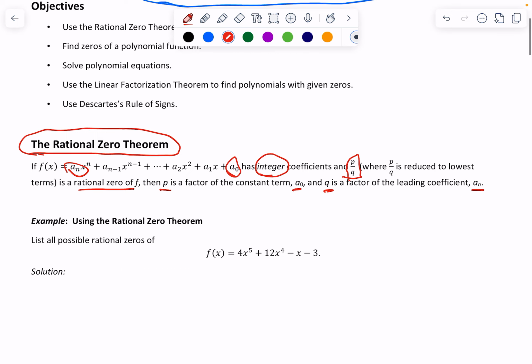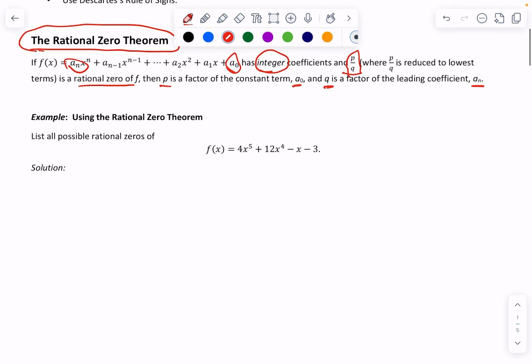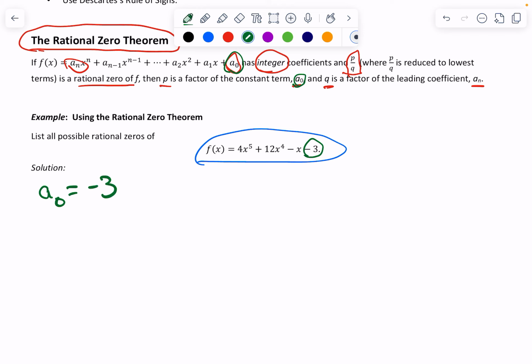So we're going to use this to list all possible rational zeros of this polynomial function, 4x to the power 5 plus 12x to the power 4 minus x minus 3. So what we're going to do here is we're first going to take the constant term right here, which in this case is, sorry, that's an a sub 0, is negative 3.